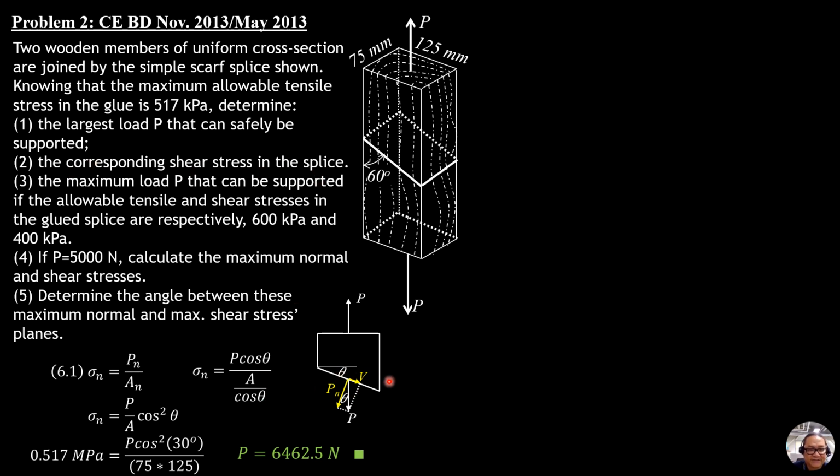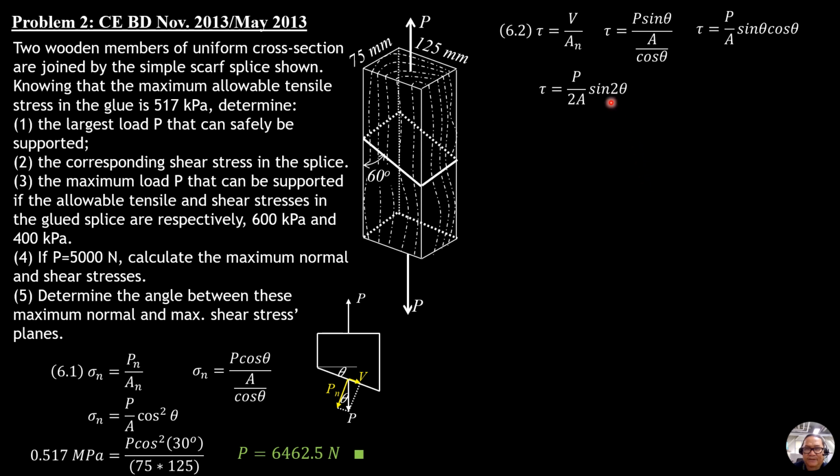For part 2, the corresponding shear stress in the splice. Shear stress is V, which is P sine theta, divided by area n. Replacing area n again, so V is P sine theta and area n is A over cosine theta. So that becomes P over A times sine theta cosine theta. And by trigonometric identity, sine theta cosine theta is sine 2 theta over 2.